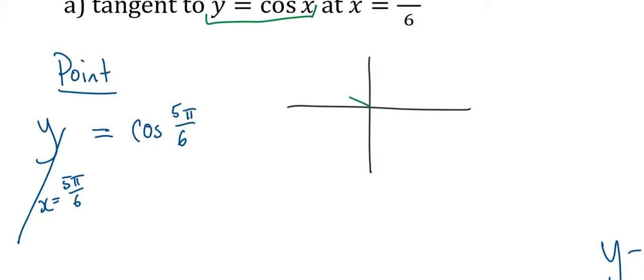Very good. And Emery told us that the related angle is pi by 6. We need to know that. We also need to know CAST. What does CAST tell me? Which quadrants they're positive and negative in. So cosine's negative in this quadrant, so it's going to be negative.